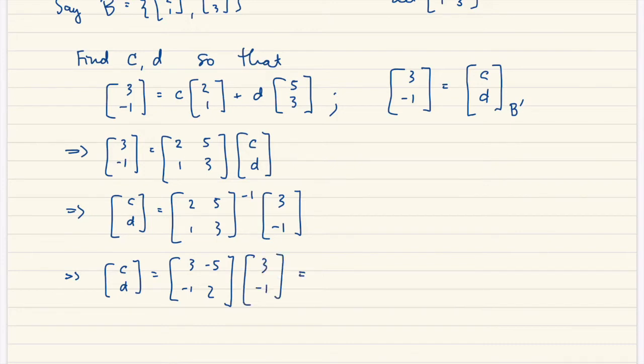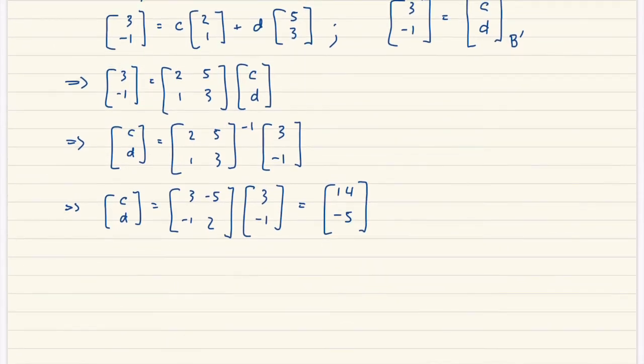And so we're ready to say that CD is going to be, let's see, we have 3 times 3 is 9 plus 5, so 14, and negative 3 minus 2, so 14 and negative 5.